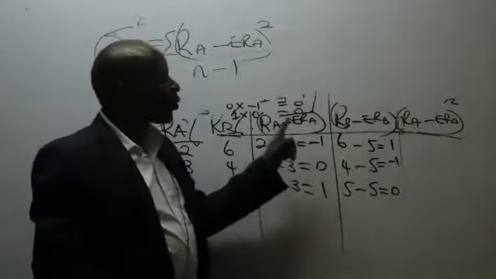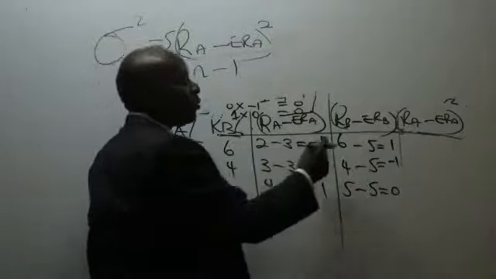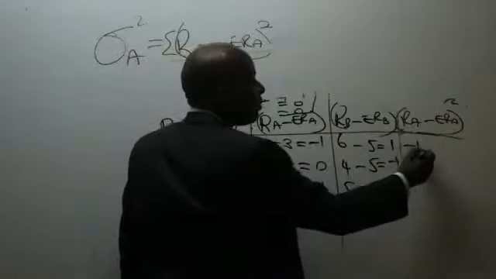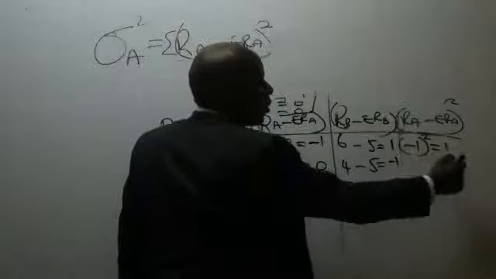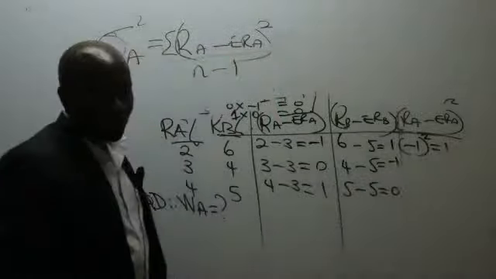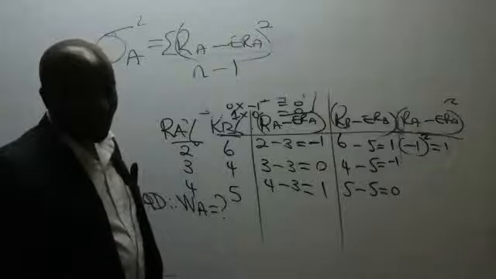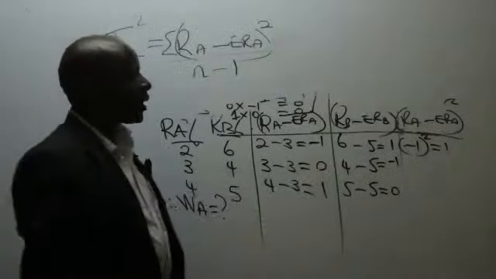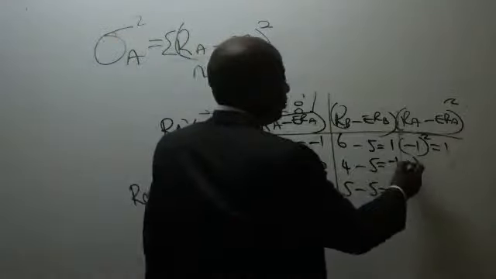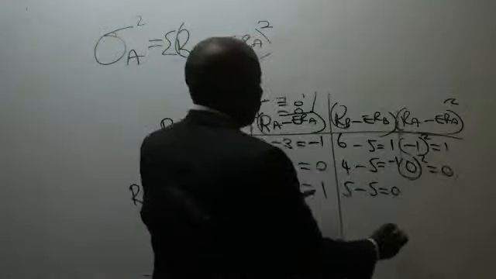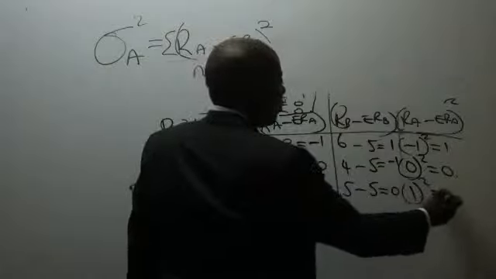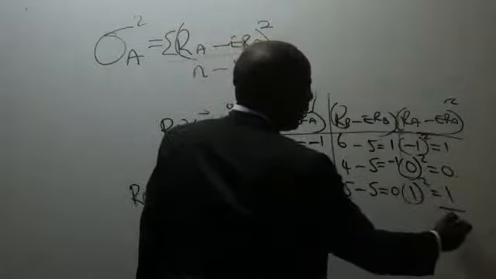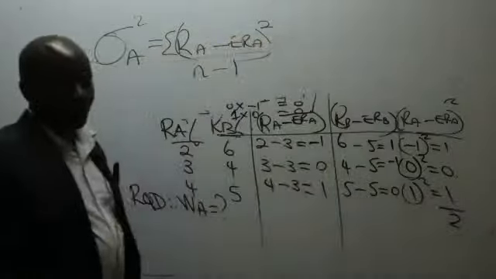What is minus 1 squared? Remember I told you, if it's a negative, you must put it in brackets. So minus 1 squared will give me 1. Jesse, I can see your question. I'll be able to answer it in a minute. So 0 squared will be 0. Then we have 1 squared, which will be 1. So then this will give me what figure at the end of the day? 2.